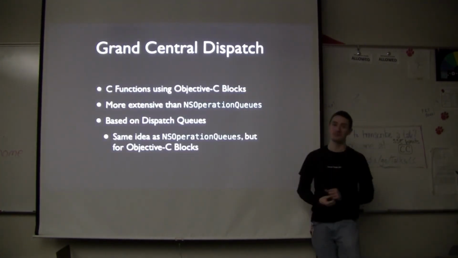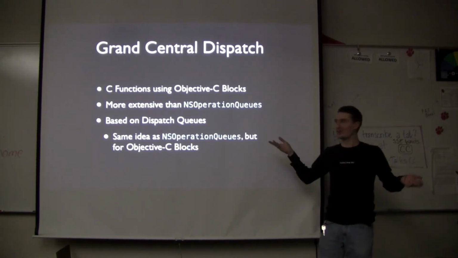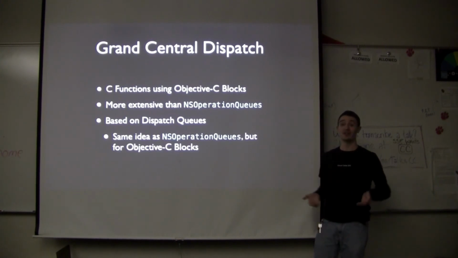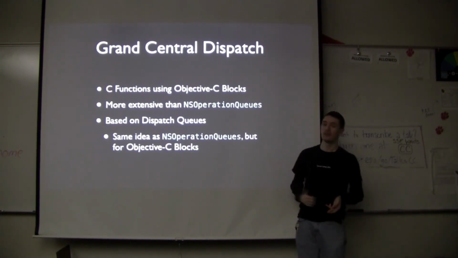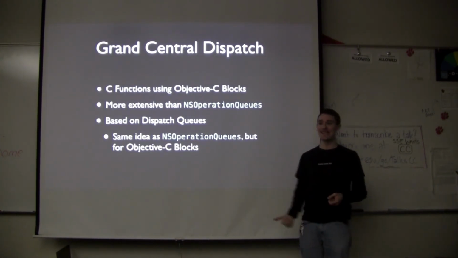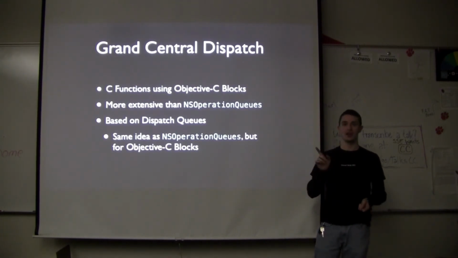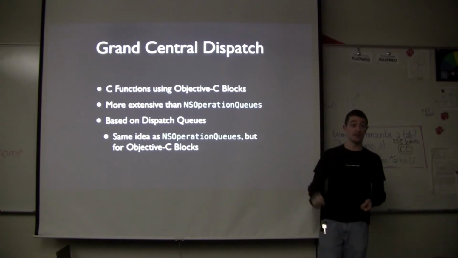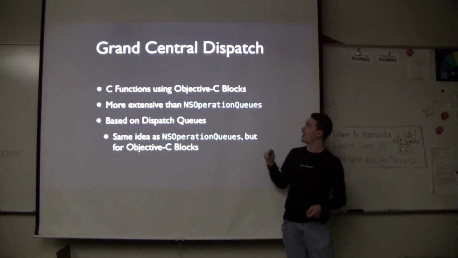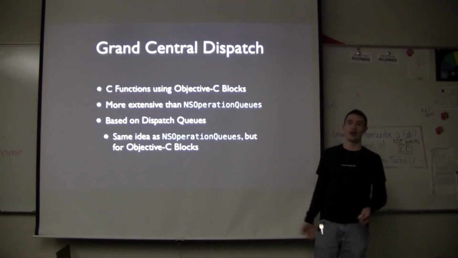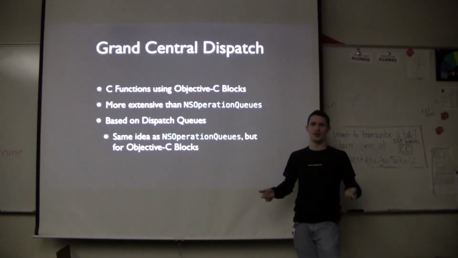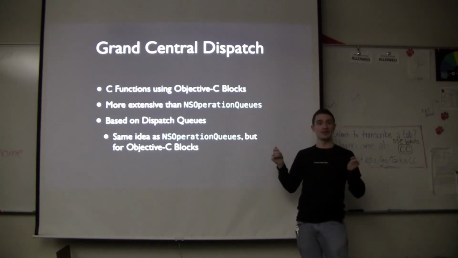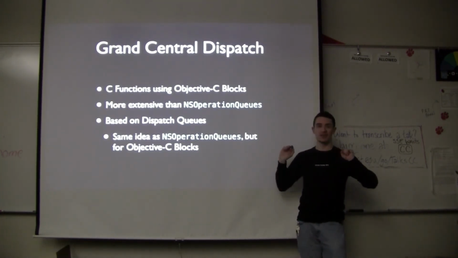Cool. Grand Central Dispatch. What is that? Another new word. Well, NSOperationQueues are an Objective-C layer around this. This is a collection of C functions that take Objective-C blocks, and if you add an underscore F to all the calls, you can pass in a C function pointer instead. They are the powerhouse for NSBlockOperations and pretty much all concurrency in Objective-C. It's great. You don't have to think of threads at all, and you don't have to think of efficiency at all.